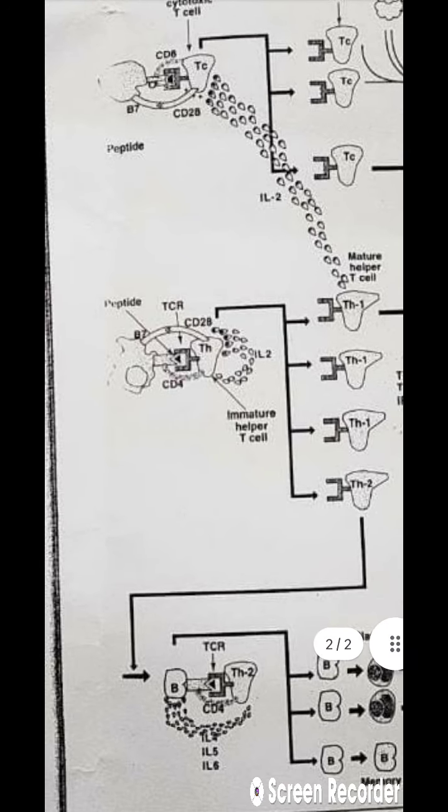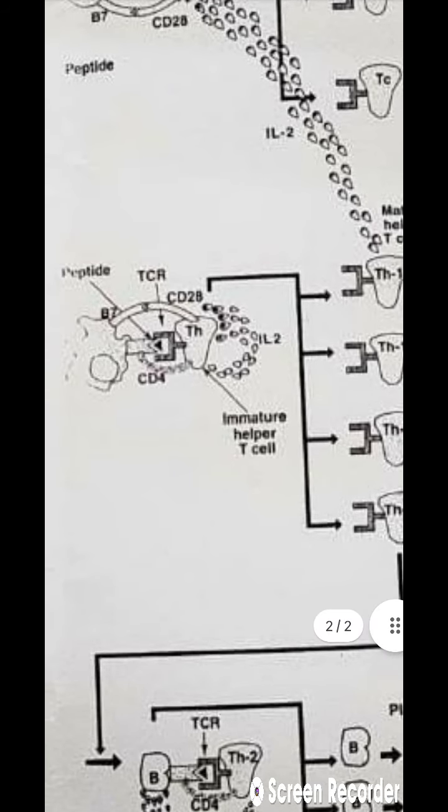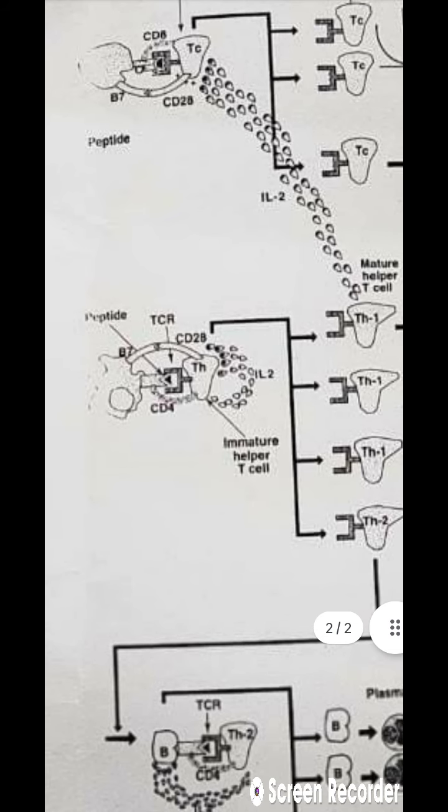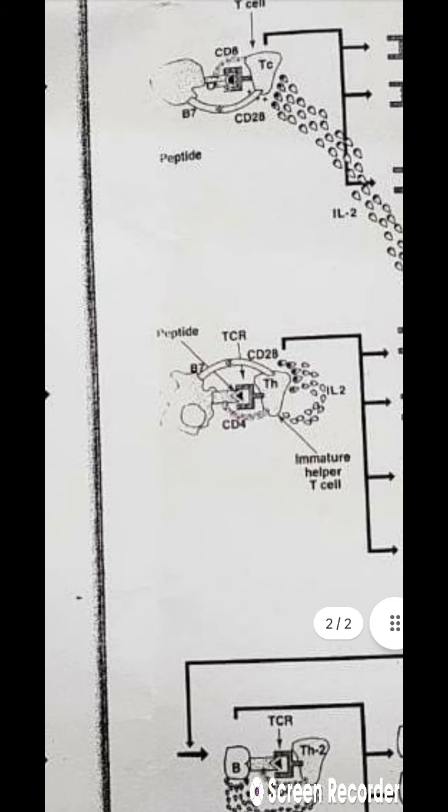And you know the CD4 T cell also has a co-receptor. What is the name of this co-receptor? See, this is beautifully given in the picture. CD28 molecules. The upper one is projecting from the CD4 T cells or helper T cells, and it binds with the B7 co-receptor of the antigen presenting cell.